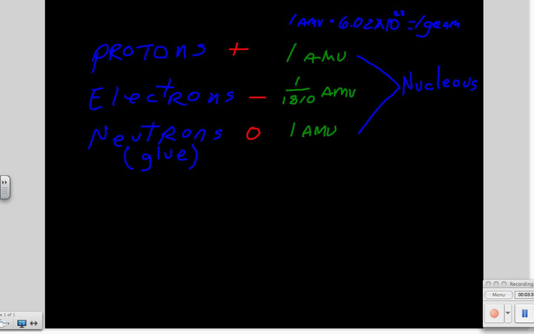Protons positive, electrons negative. So I want to talk about a symbol on the periodic table, and I'll pick phosphorus. If you look up on the periodic table, you're going to see P, phosphorus, and it'll have the number 15 by it, and it's also going to have the number 30.97376.